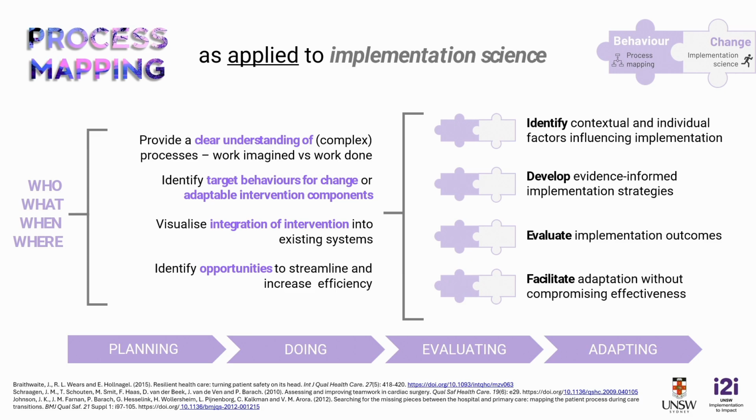And if we look at these two sets of things together, we can actually start to marry up where there are individual drivers of change that happen at different parts of the process so that we can really start to target the kinds of strategies that we need at different steps in the process rather than kind of throwing the kitchen sink in to try and fix all the problems.